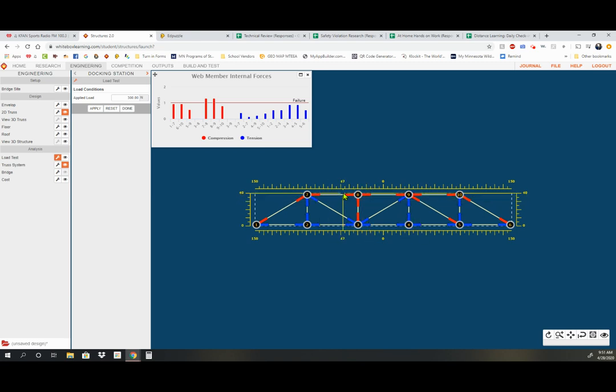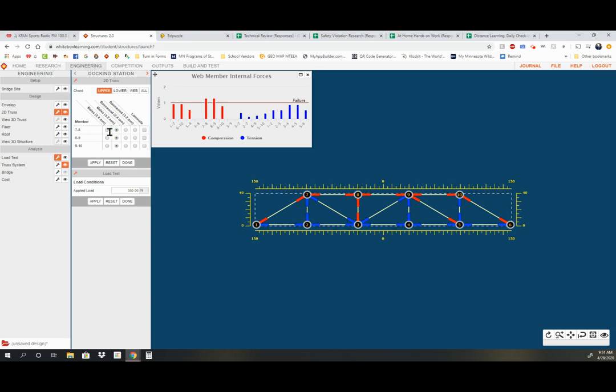So that's now where you can go and tweak some stuff in here and maybe get a little bit stronger. Let's see, I can go to my 7, 8.